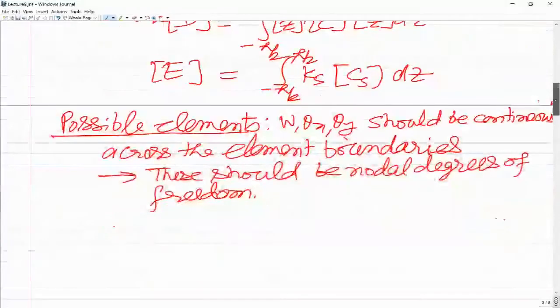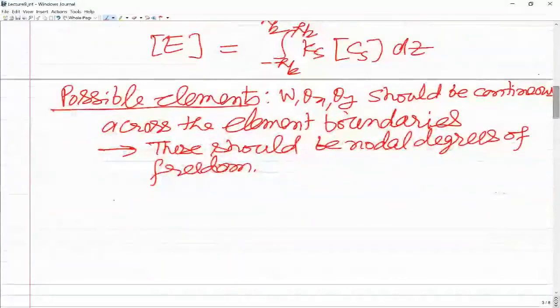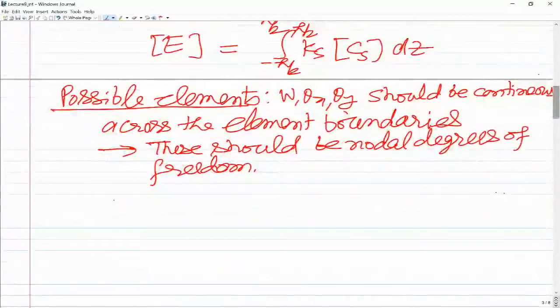So now we have 3 degrees of freedom at each node, w, theta x and theta y, and depending on the elements, we will have the elemental degrees of freedom. The simplest thing we can think of is a 3-noded triangular element.